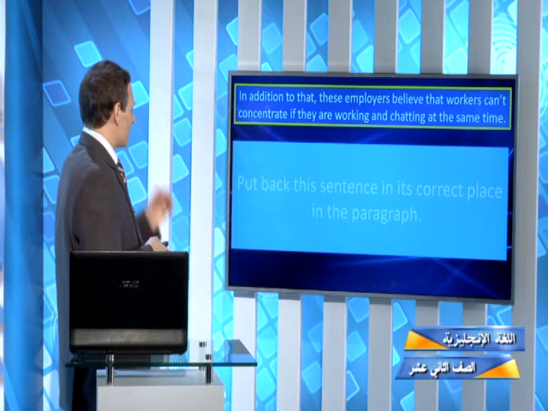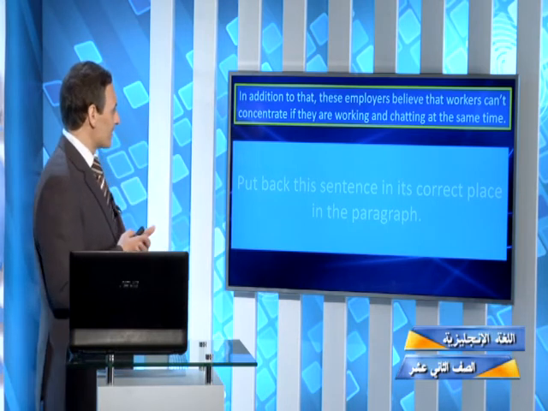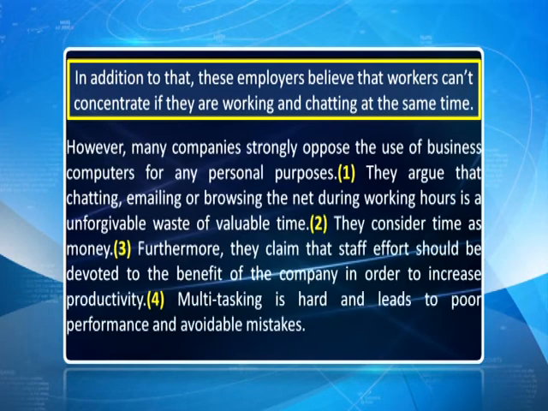Okay, so this is an exercise for you. Try to put back this sentence in its correct place in the paragraph. So we have the sentence here. It says, in addition to that, these employers believe that workers cannot concentrate if they are working and chatting at the same time. We have this sentence, and here is the paragraph.